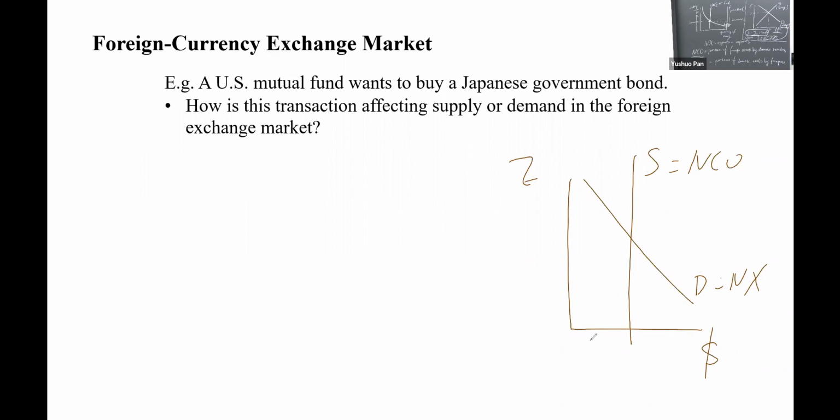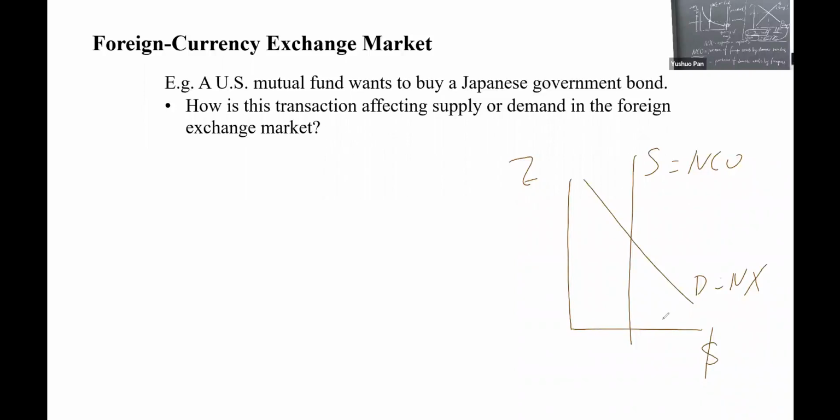I have two equations here. One is for NX, exports minus imports, and another is NCO equals the purchase of foreign assets by domestic residents minus the purchase of domestic assets by foreigners. So according to this question, will it influence NCO or NX?